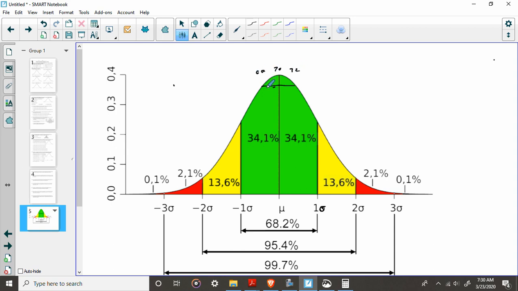That would be proportionally a bigger percent. What if I wanted to go between 69 inches and 71 inches? That might be only from here to here, so that's going to be even more people. So yes, you can break them down further, and there are assigned percents for every single one of them. If you take statistics, you will go through z-scores and tables and things like that that will explain how to find those things.